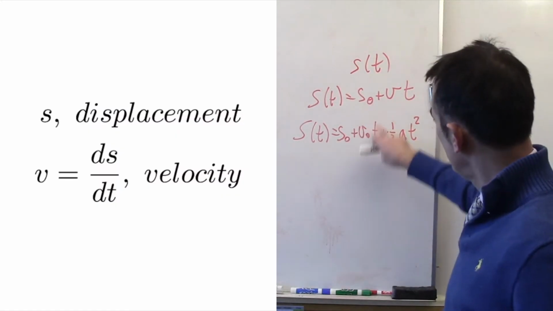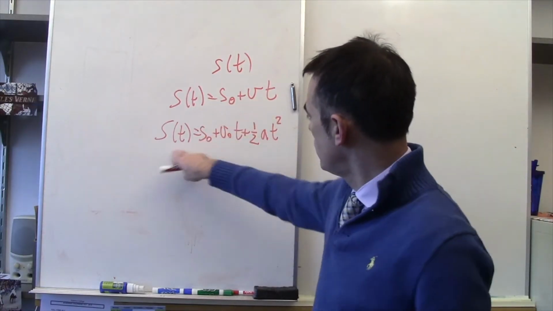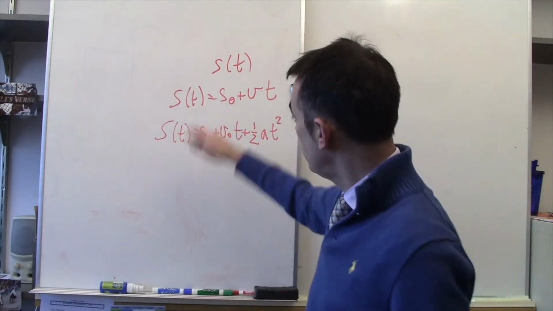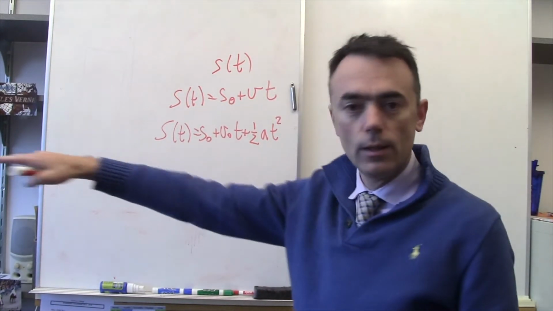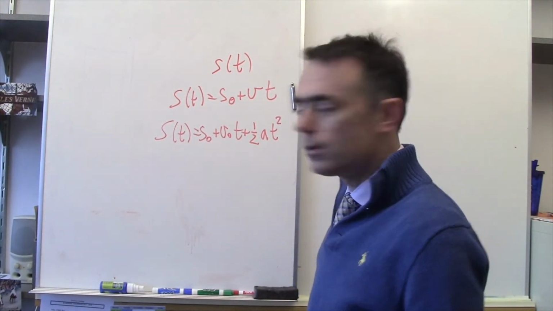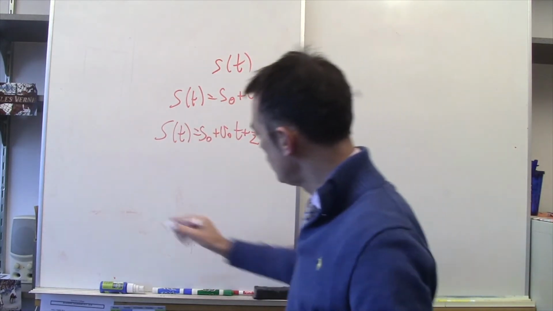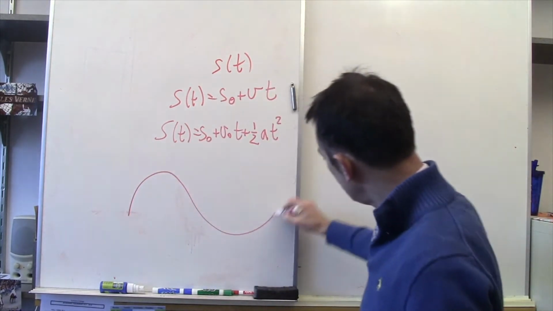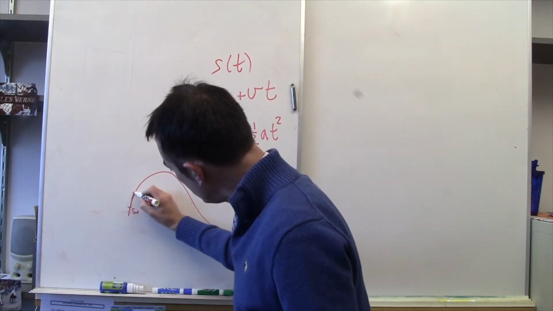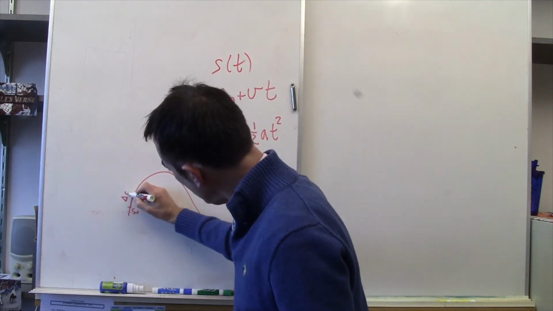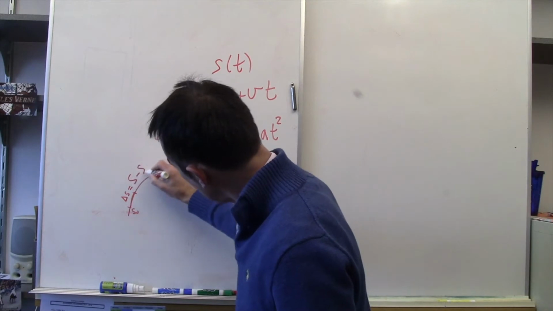In this case we have constant velocity, in this case constant acceleration, and the only difference is that instead of talking of x as one linear direction, we're talking about s, which could be an arbitrary trajectory, where this would be s sub 0, and the distance traveled delta s is s minus s sub 0.